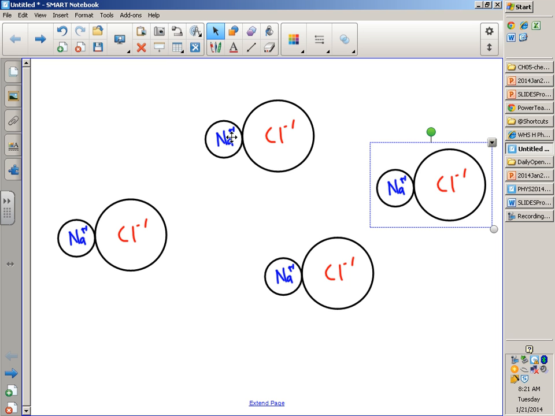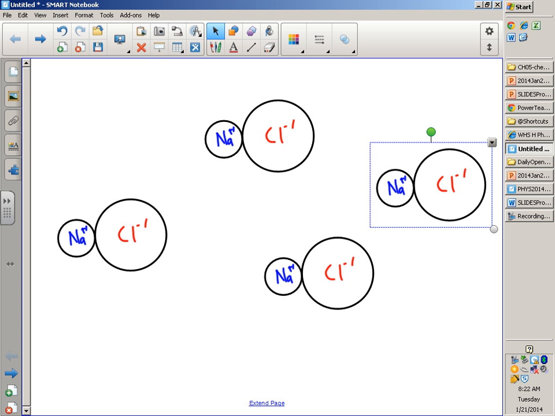While this sodium and this chlorine are attracted to one another, this chlorine has a negative charge. And yes, it's attracted to this positive charge, but it's attracted to all the other positive charges that are out there as well.